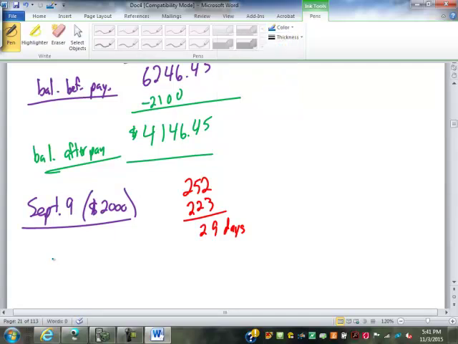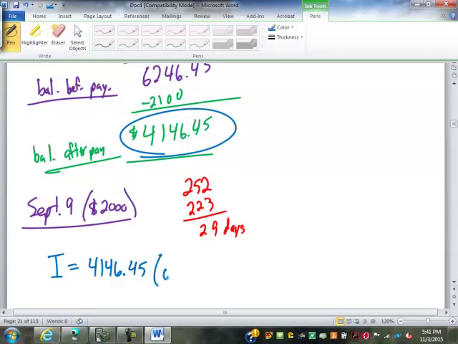So now we're going to figure out our interest. Our principal, though, is now $4,146.45. Our interest is still 9.3, so 0.093. And it is 29 over 360.